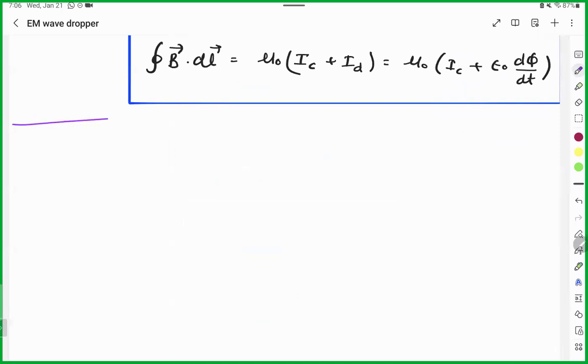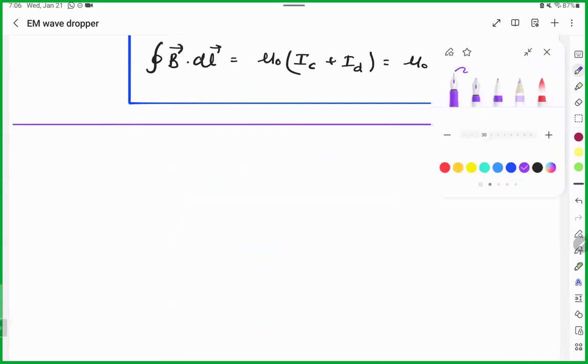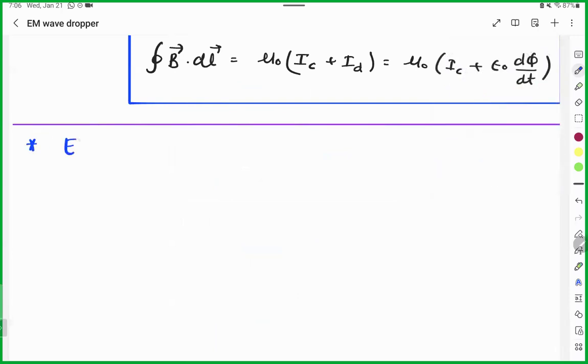So this part is done. Now we can move to the electromagnetic wave. There are some properties, and many times the examiner asks direct questions from the properties. Example, electromagnetic wave, EM wave.